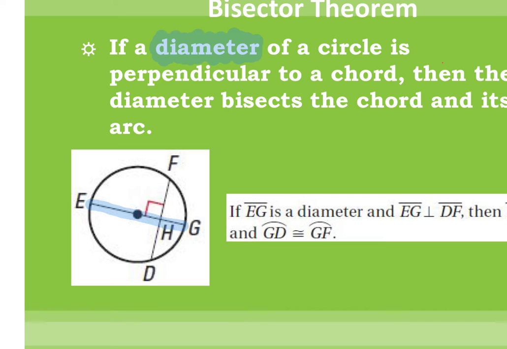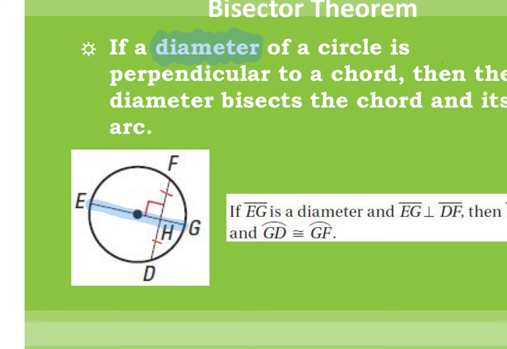FD. Do you guys see that? FD is our chord. If it's perpendicular to our chord, a bunch of symmetry happens, okay? FH, draw these congruence marks. FH is going to be the same length as what? HD. It gets bisected, okay?